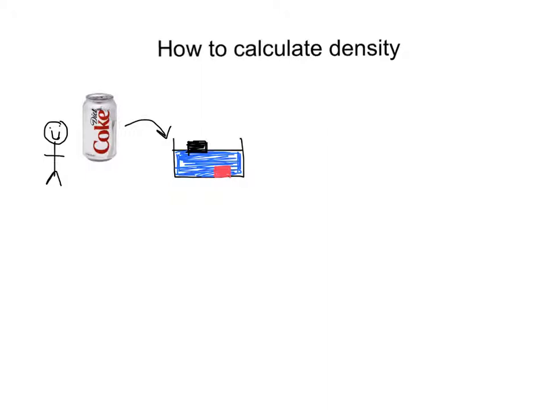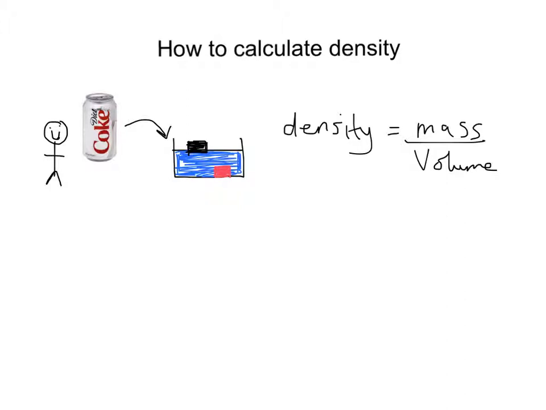Density refers to how much mass there is in a given space, in a given volume. So two things we need to consider here: mass and volume. Now there is a formula that links these two. Density is equal to mass divided by the volume.